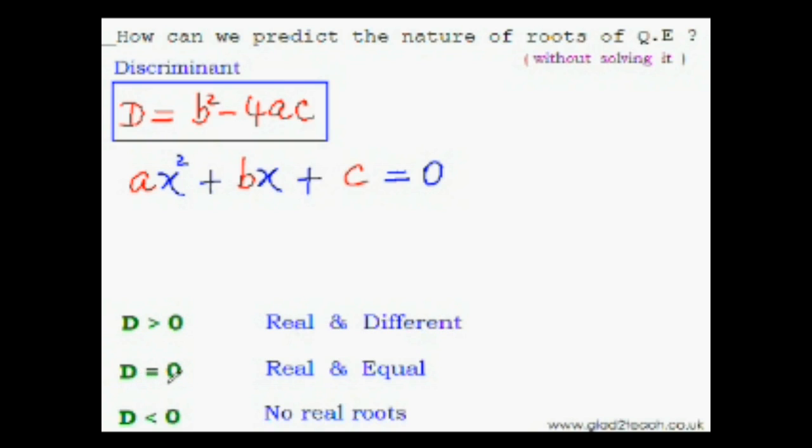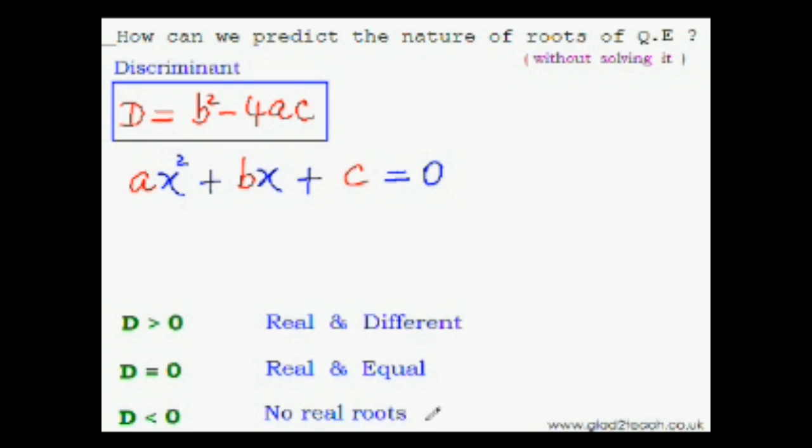When D is equal to 0, then the roots would be real but they would be equal. And when D is less than 0, that is a negative number, then that equation will have no real roots. In other words, you can say that it will have imaginary numbers as its roots.